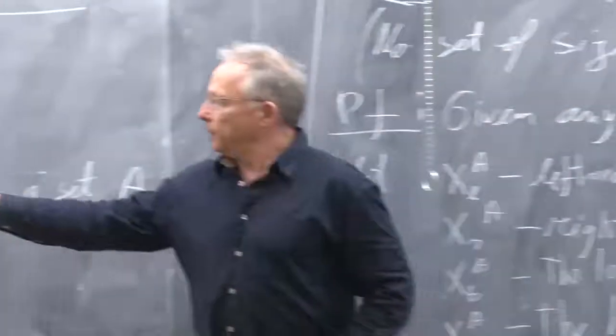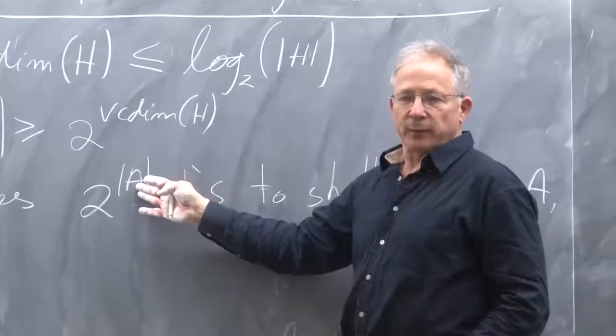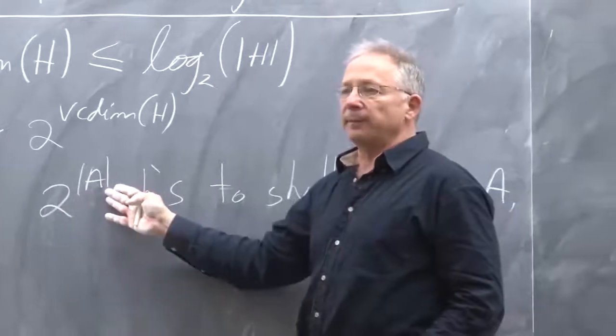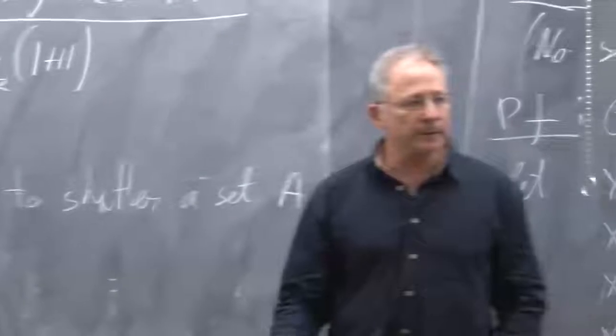And there are 2 to the size of A many subsets. Every subset will take another element to cut it. So I have exponentially many subsets, so I need exponentially many elements to cut it.